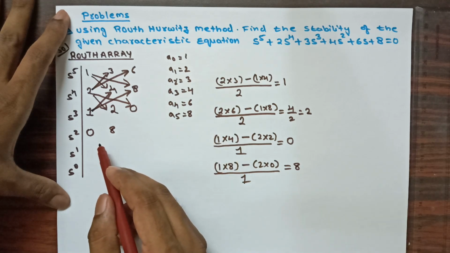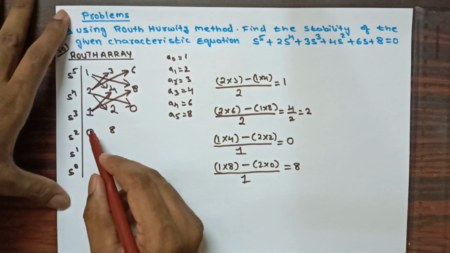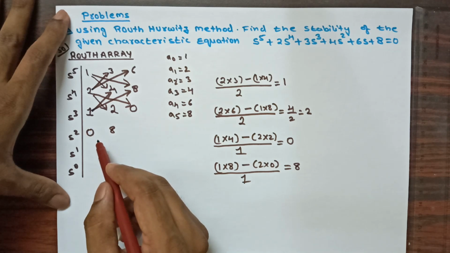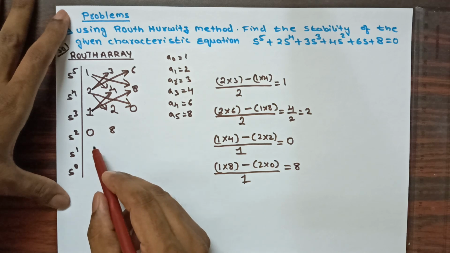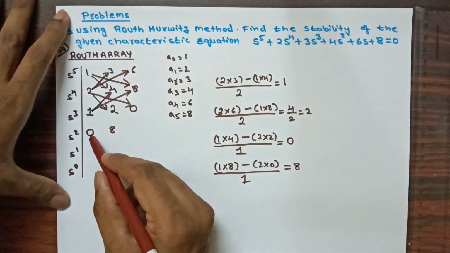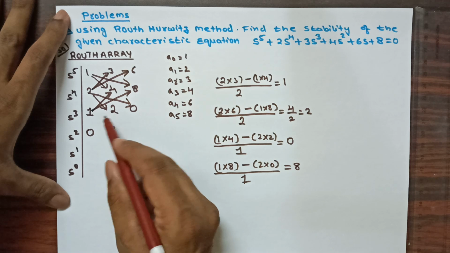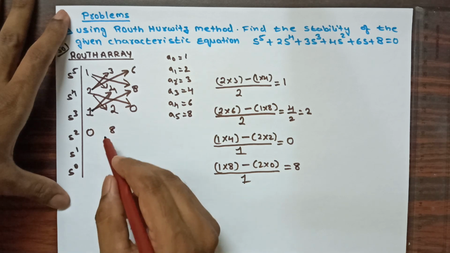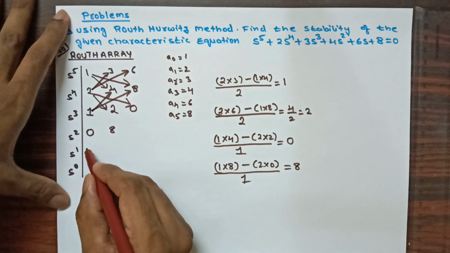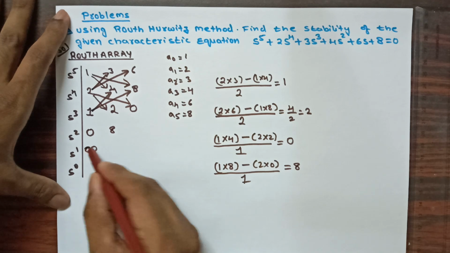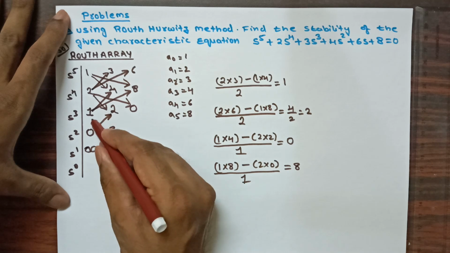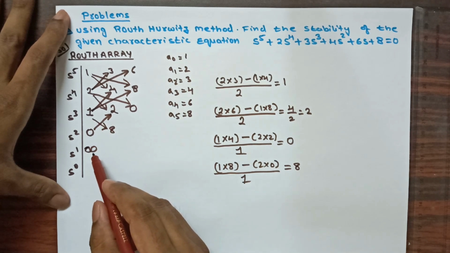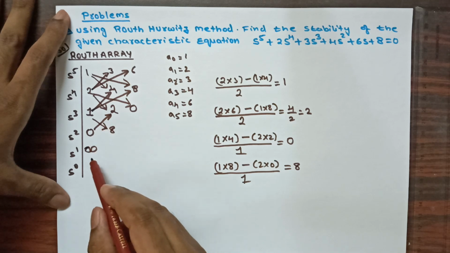Now you can see in this we are getting the first value of the row as 0. If such a condition occurs, I am not able to proceed further, because if I multiply 0 into 2 minus 1 into 8, that is minus 8, divided by 0, anything divided by 0 is infinity.